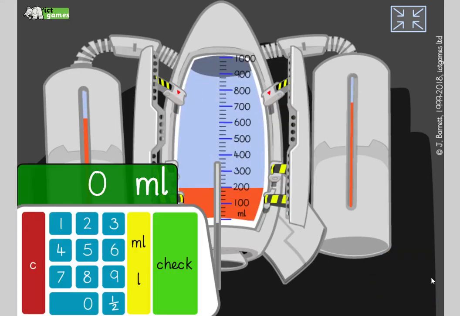Oh, how much is that one? 200. Right. Oh, what's wrong with that? Yeah, look, that's litres. That's 200 litres, which is like lots of bottles of pop. No, we want 200 milliliters. Milliliters are like a tiny splash.